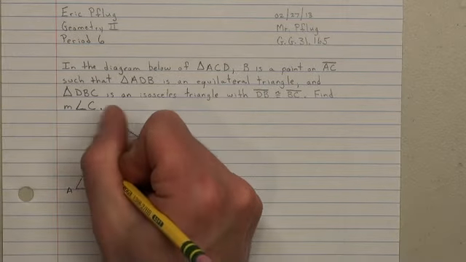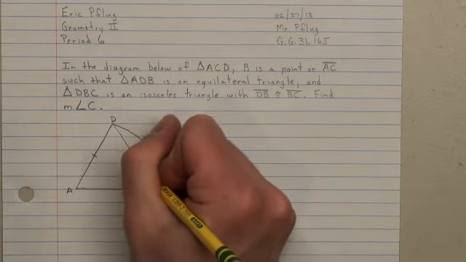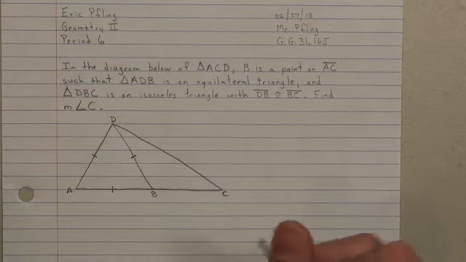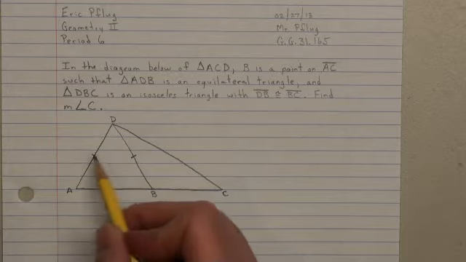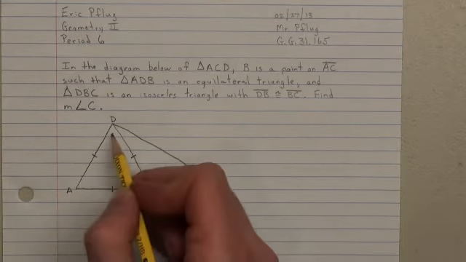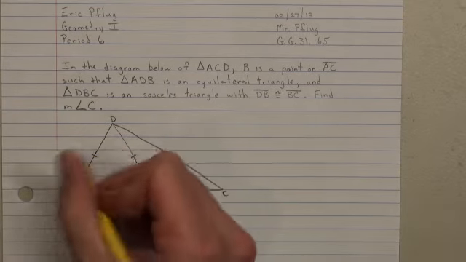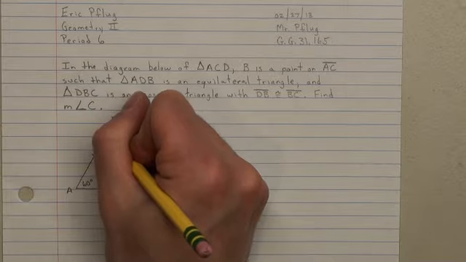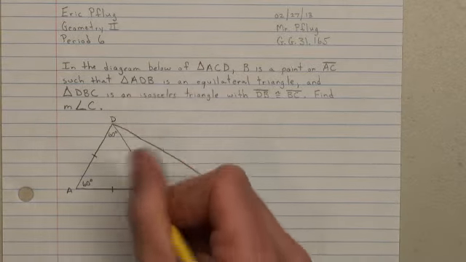In an equilateral triangle, all three sides are equal, so I'm putting one mark on each side to indicate that they're all equal, and all of the angles are 60-degree angles, so I'm putting that in right away. Okay, and this is the case for all equilateral triangles.